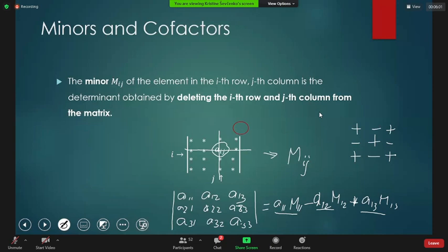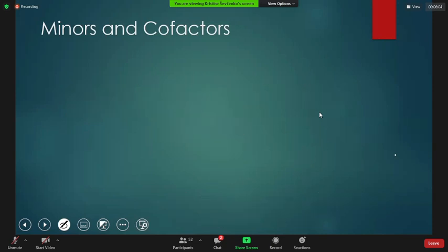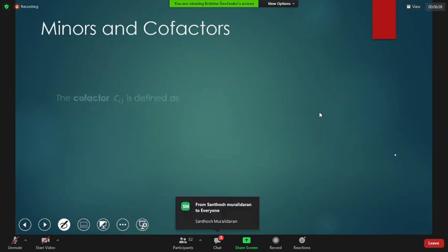Now today, the next thing is the cofactor. What is a cofactor? Minor was simple. We just crossed out one row, one column, and we got a minor from the remaining things.